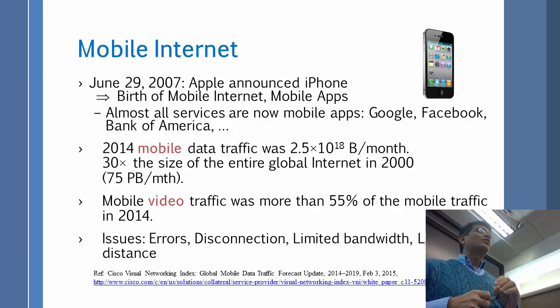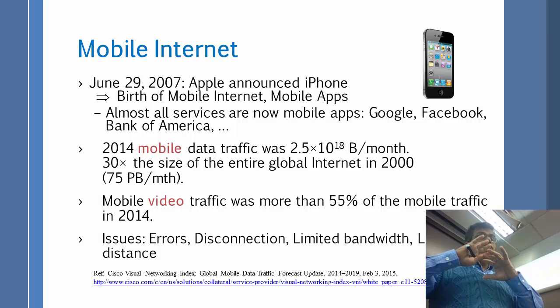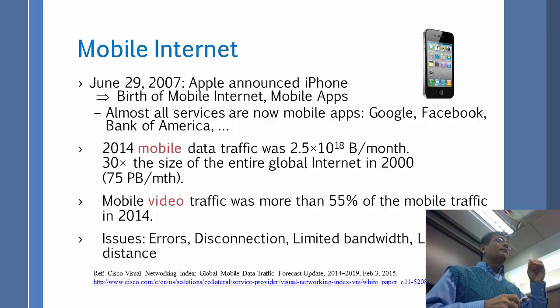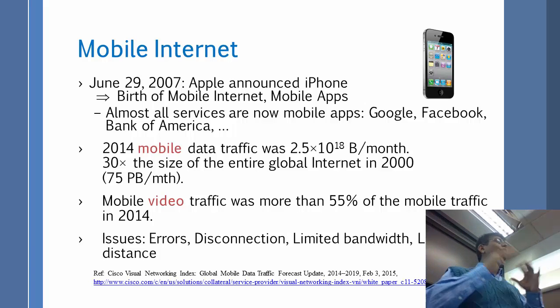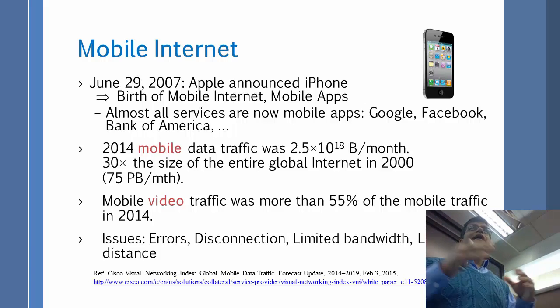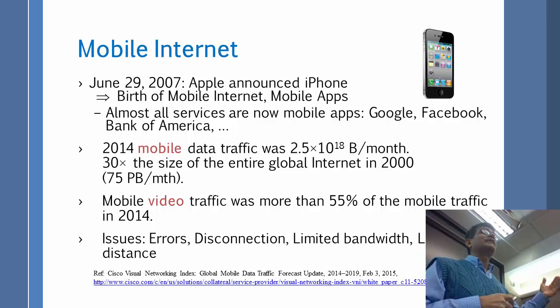What Apple did was, they not only made a phone which was a full computer, but they also gave an app market, which was totally open. Anybody could write a program and anybody could sell a program. Before that, you could buy programs only from Microsoft or some big companies, but now you can buy from homemade people.